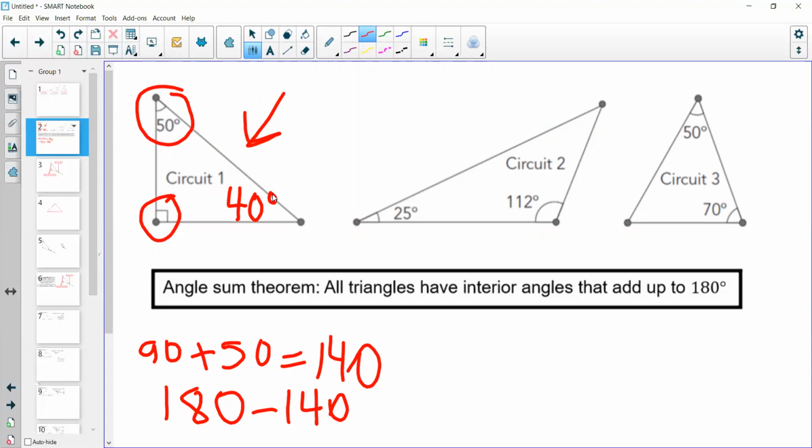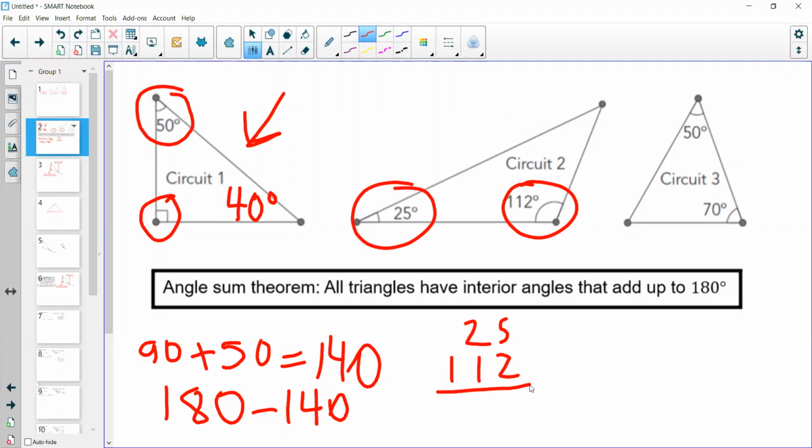For the middle triangle, since I have a 25-degree angle and a 112-degree angle, if I add those together, I end up with 137 degrees, which means the remaining angle must be 180 minus 137, which is 43 degrees.